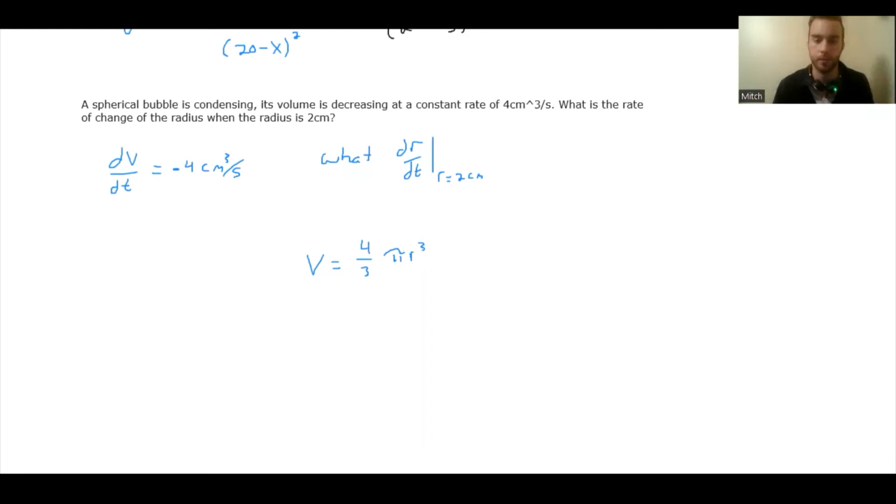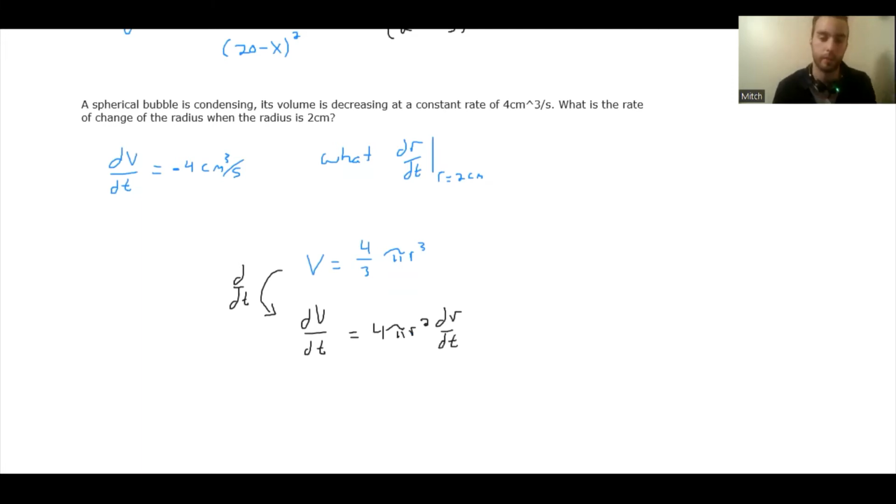We do our implicit differentiation, do d by dt. So we get dV by dt, which is nice because that was what we're interested in. We don't need to rearrange that. And then this just becomes 4 pi r squared times dr by dt. Actually, no, the dr by dt is what we're interested in. We know dV by dt.